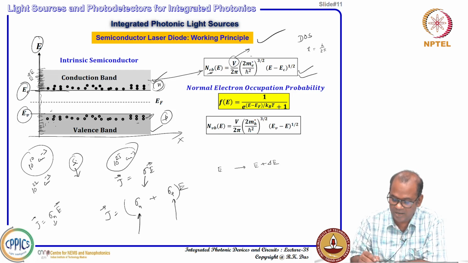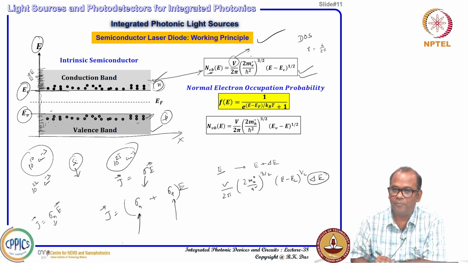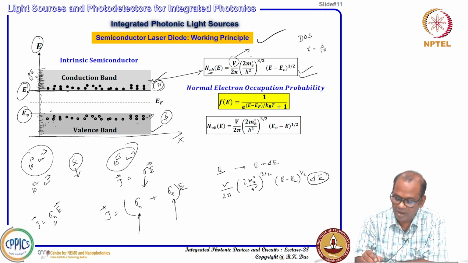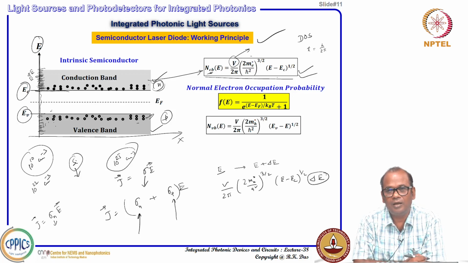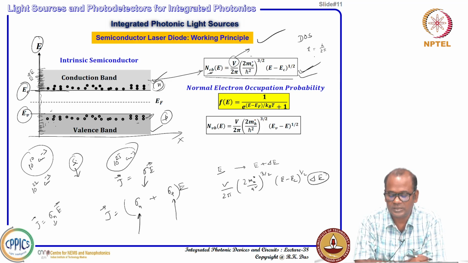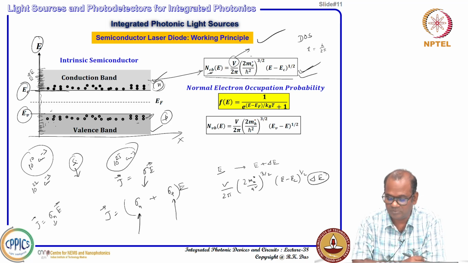You can say that it is 2 pi (2 m_e star over h bar square) to the power 3 by 2 times root of (E minus E_c) times delta E. So, that means at per unit increment of energy, the number of allowed energy levels can be computed by this expression, E minus E_c. That means this will always be a positive value.